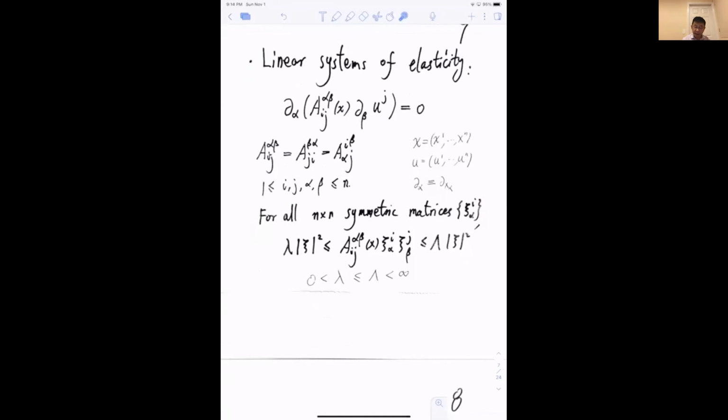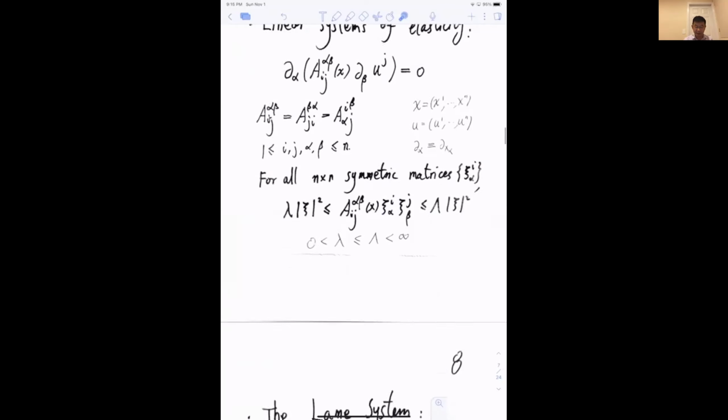And the ellipticity is like this. You look at A_ij^alpha beta, this is an n by n matrix, and you have this positivity, testing on symmetric matrices. So this is the linear system of elasticity.